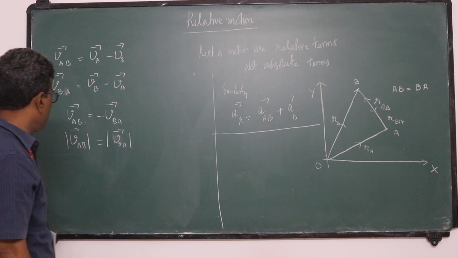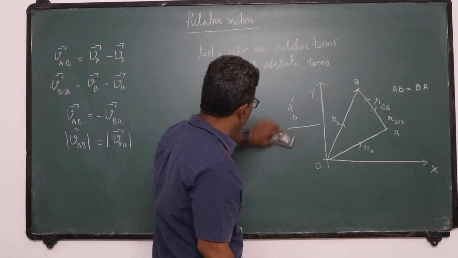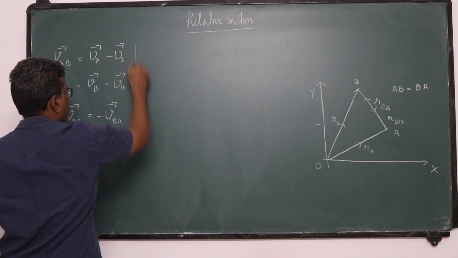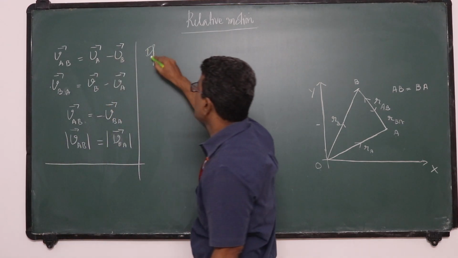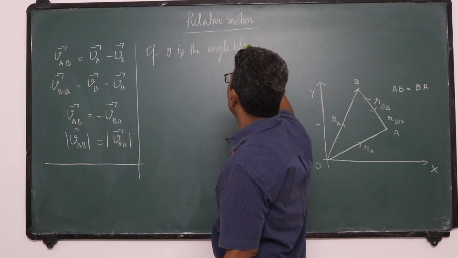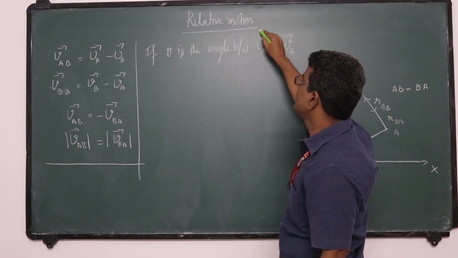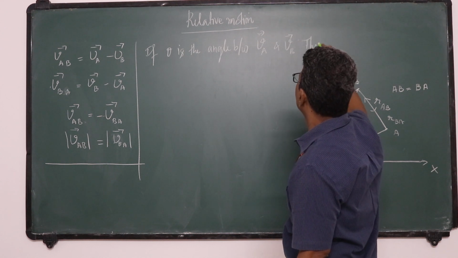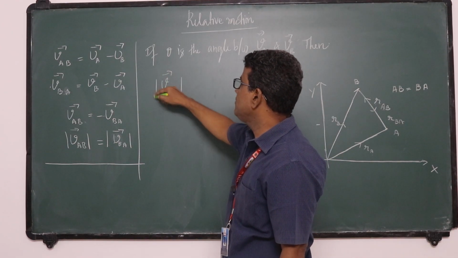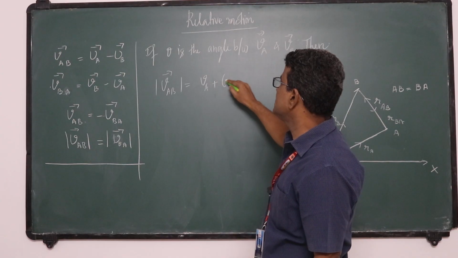So if theta is the angle between VA and VB, the velocities of A and B, then the mod of VAB bar, VA minus VB, can be written as VA plus minus VB, isn't it?